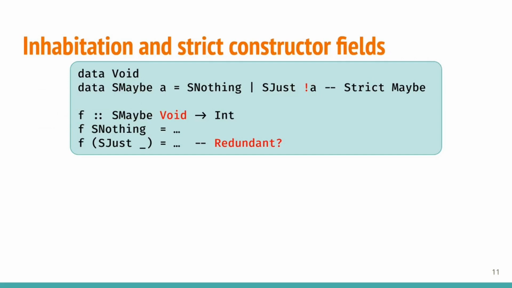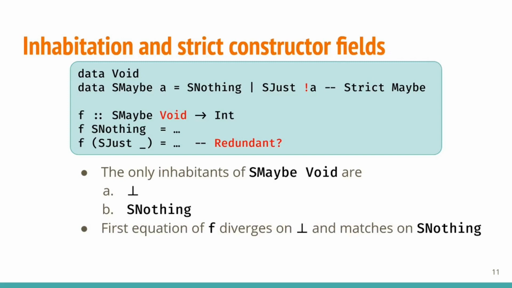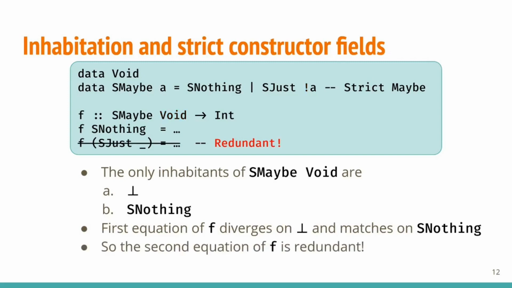We can answer this systematically by enumerating the inhabitants of smaybe void and see which equations of f match them. The only 2 inhabitants are bottom and snothing. sJust of bottom is not an inhabitant because of the strict field. The first equation of f diverges on bottom and matches on nothing. So yes, redundant. There is no value possibly reaching the second equation.